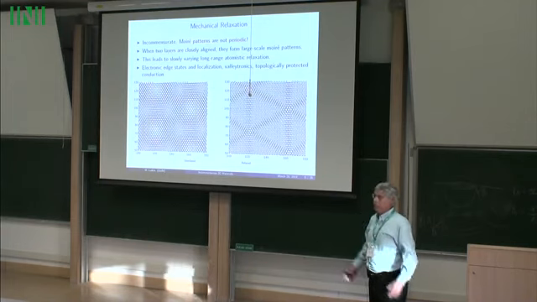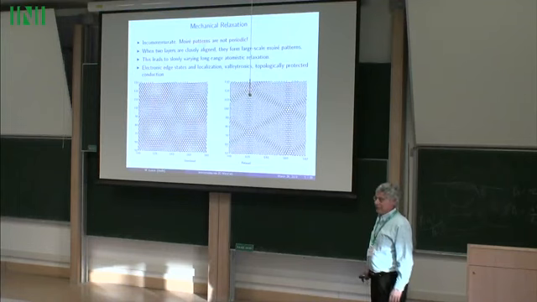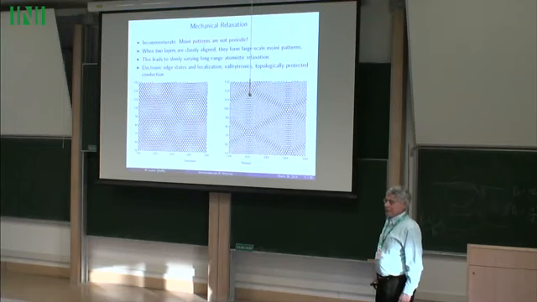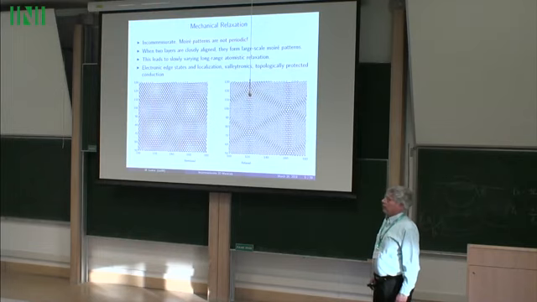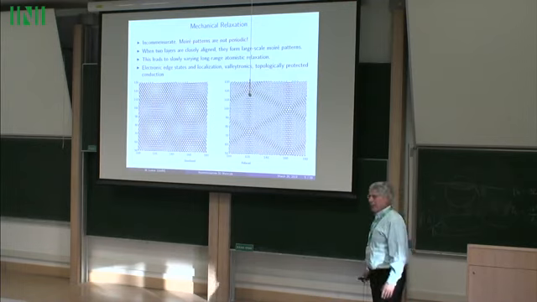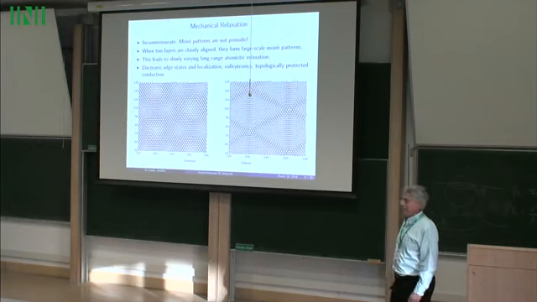Well, you might say, okay, then have some gigantic boundary layer on the edges. Well, that's not what people see in experiments, and it's not what the theory predicts.